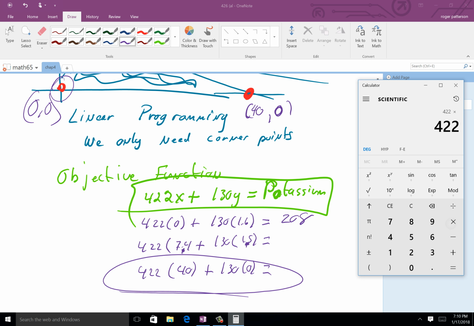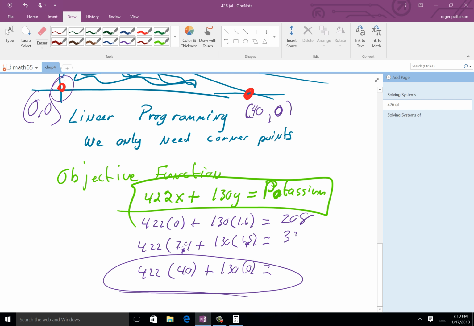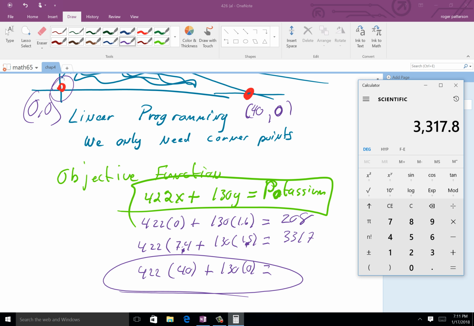422 times 7.4. Gosh, that darn decimal point just doesn't want to hit. Okay, plus 130 times 1.5 equals 317, I think it was, 0.8.